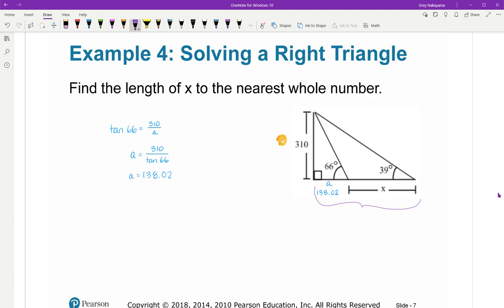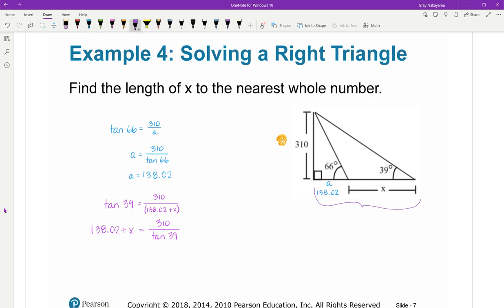So from here, I'm now going to look at the whole triangle and think about this whole side. So I'm going to use tangent again, the tangent of 39. Opposite is 310, but this time my adjacent is 138.02 plus x. Again, my variable's in the bottom, so I'm going to switch these so it looks like that.